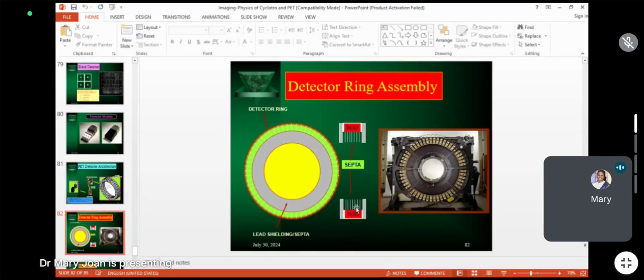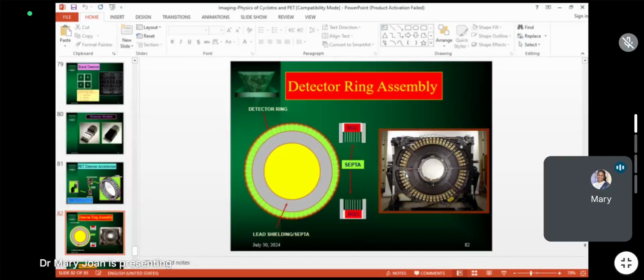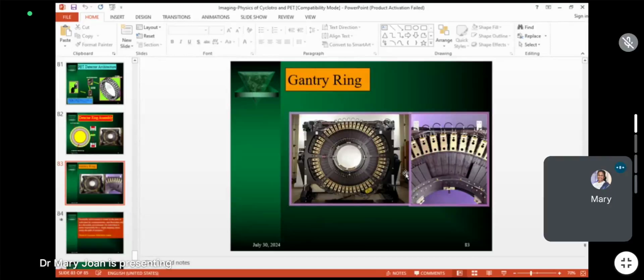So lead shielding septa are there, which are not really collimators but something like collimators. Here in the PET detector system, we do not use a collimating system. The collimation is done by the annihilation detection, coincidence detection, and the windowing of time and space.